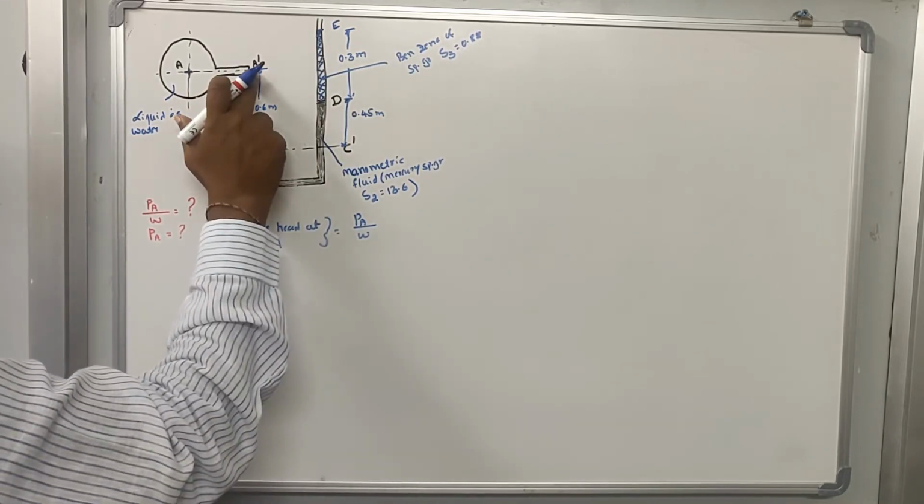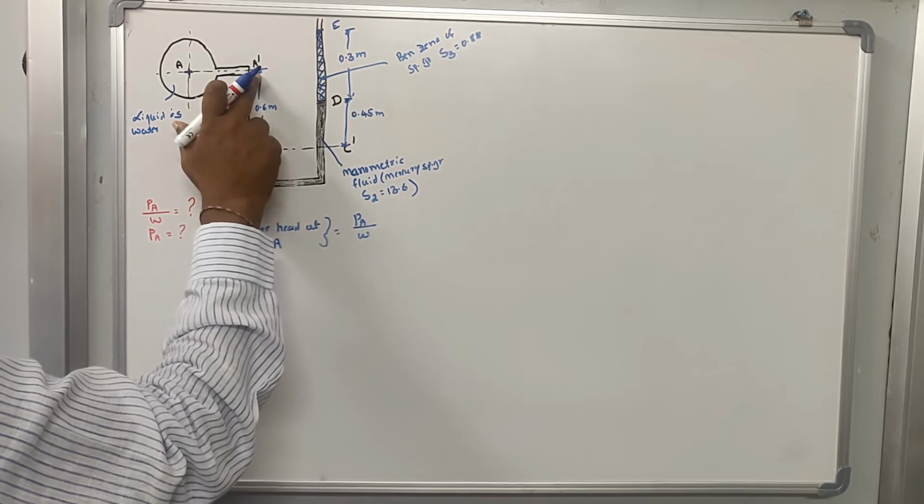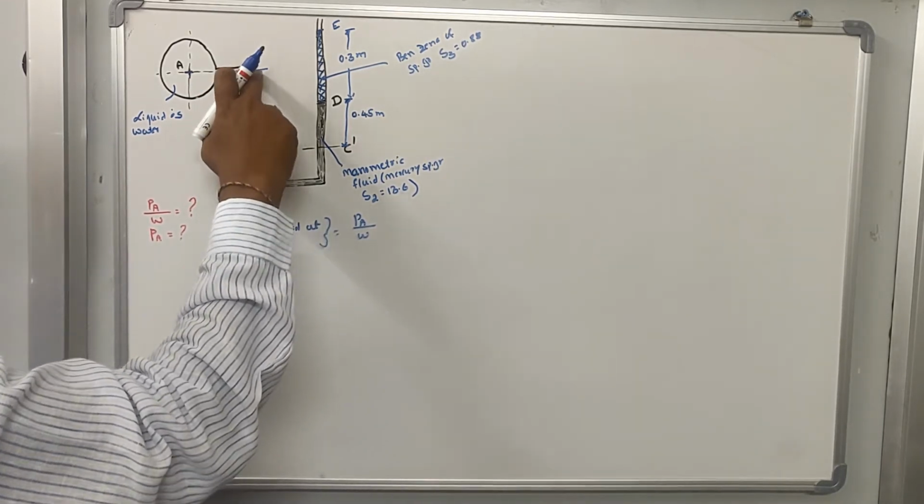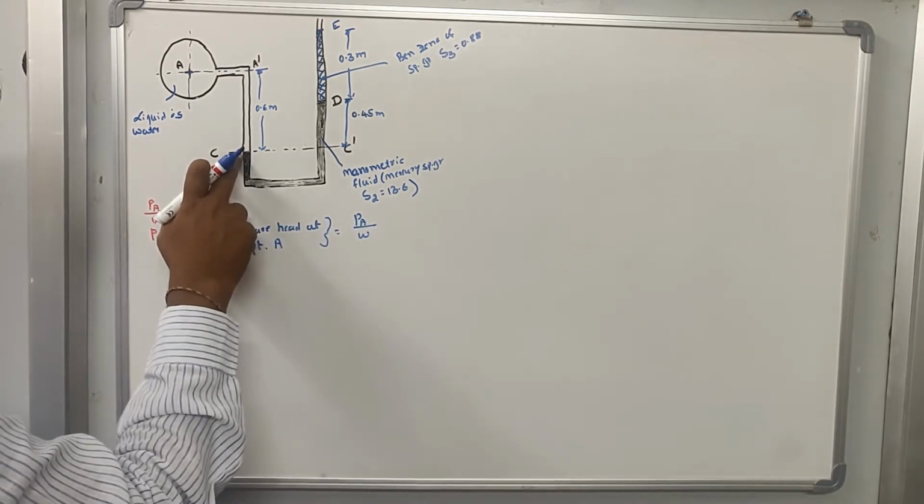So whatever pressure head you are getting at point A is equal to pressure head at point A dash.